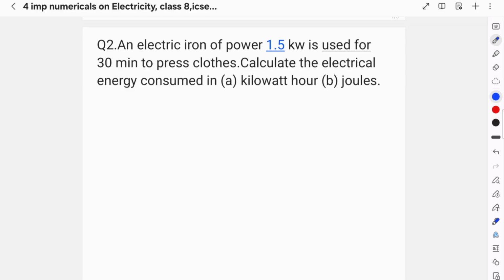So given here is the power of the electric iron, 1.5 kilowatt, and the time of use is 30 minutes.